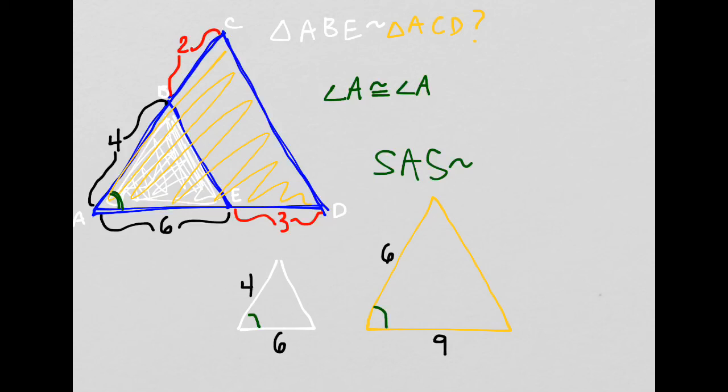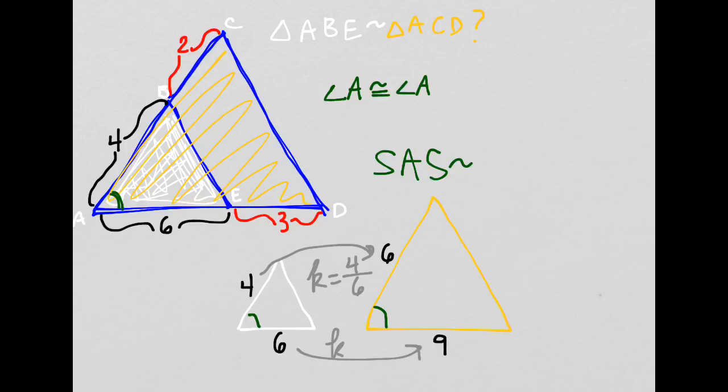Okay, so let's figure this out. What is my scale factor here? To get from 4 to 6, I have to multiply by some value of k. My value of k here is 4 over 6, original over new.